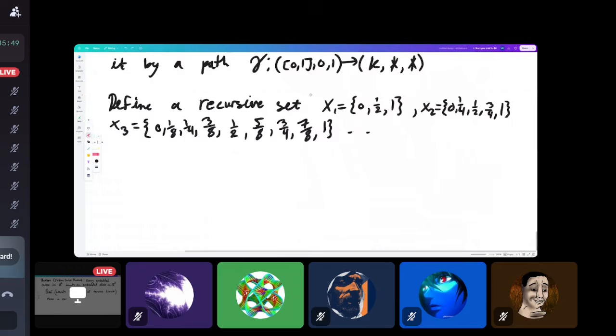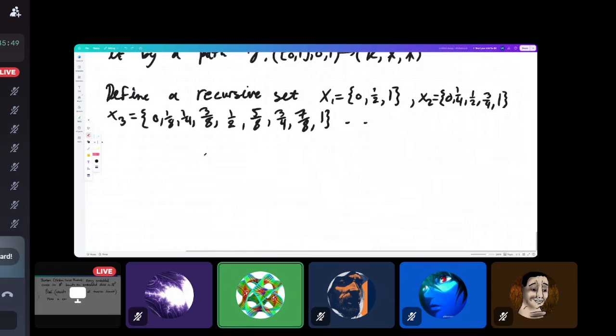There we go. Okay. We define these recursive sets by chopping up the line in halves and then chopping up those halves and halves, and so on. Those are the sets.